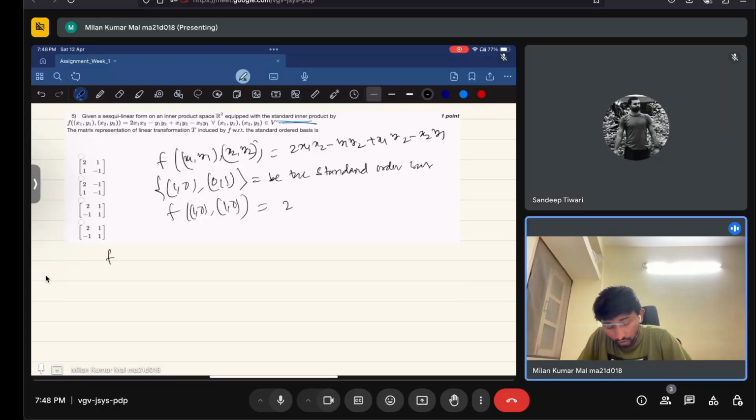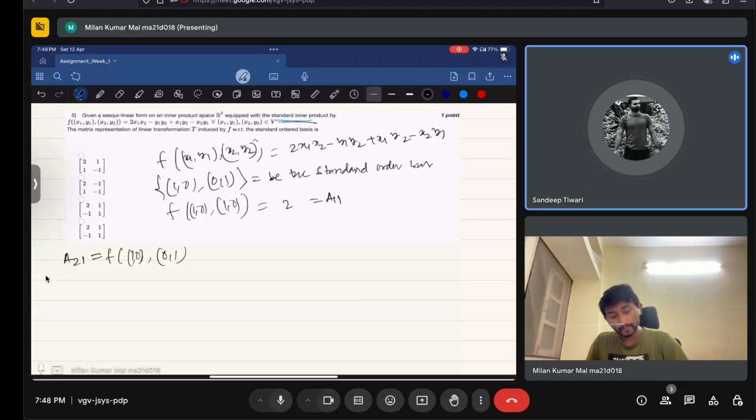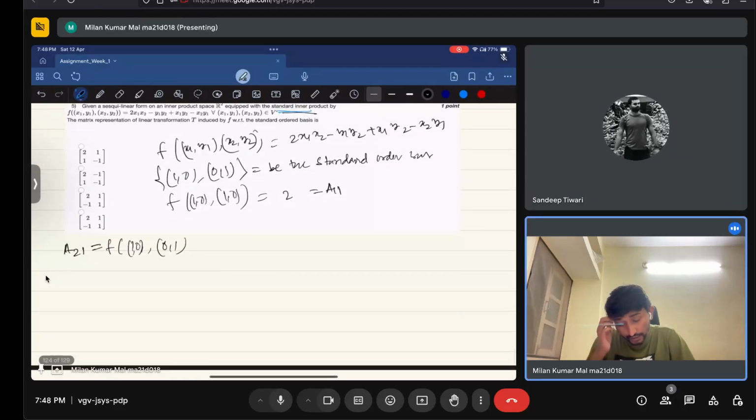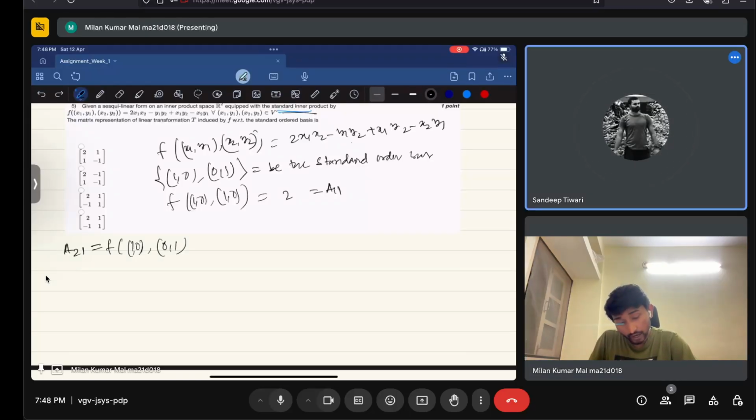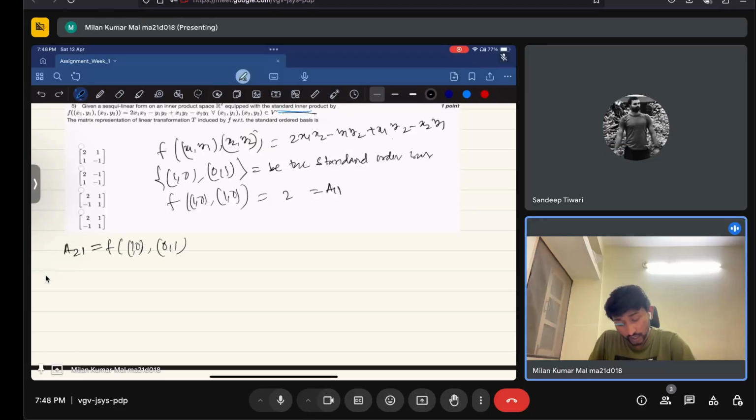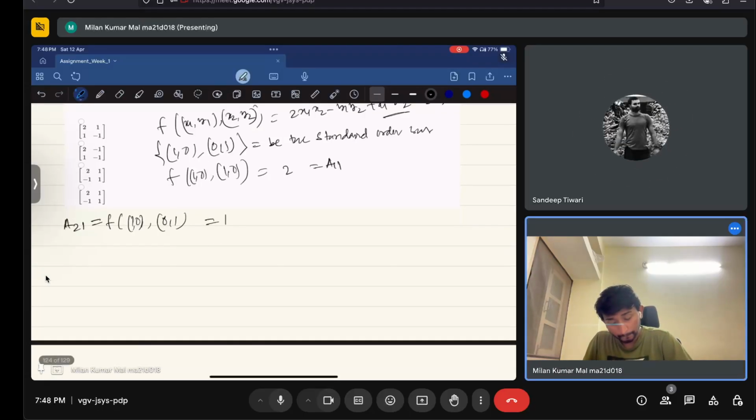And F of (1,0) comma (0,1), that is a21: x1 is 1, x2 is 0, so x1y2 will survive, and this is 1.